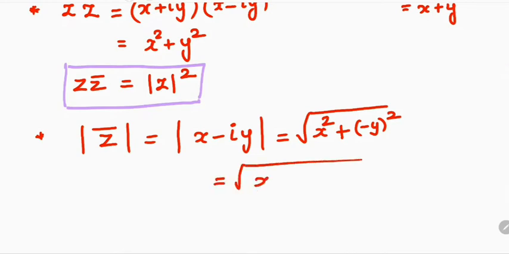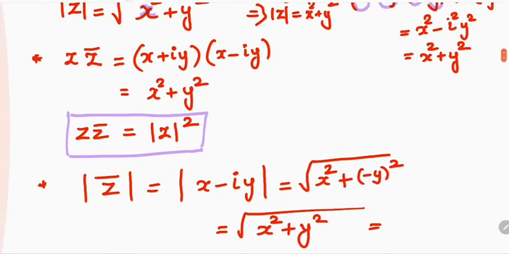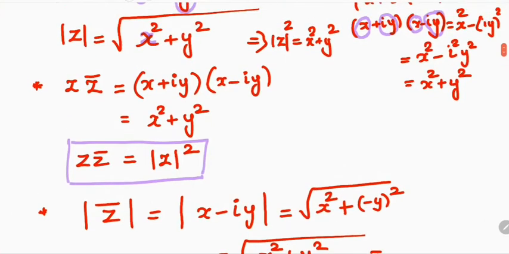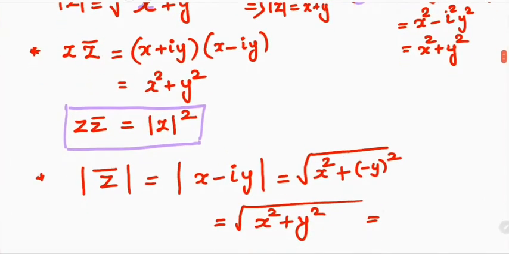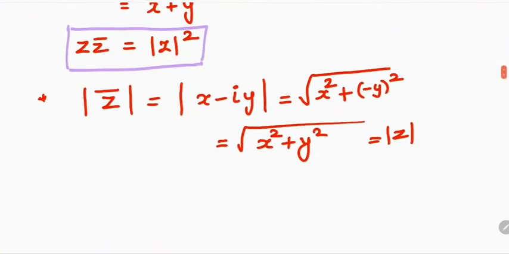So when you square, it is equal to square root of x squared plus y squared. So what is square root of x squared plus y squared? We have seen here that is nothing but modulus of z. So our conclusion is modulus of z bar is equal to modulus of z.